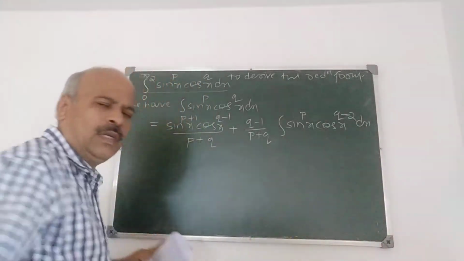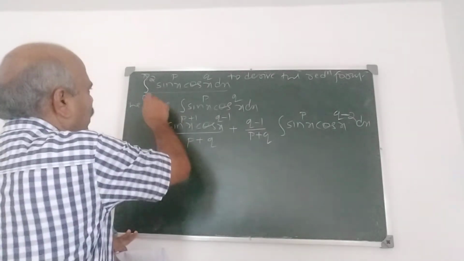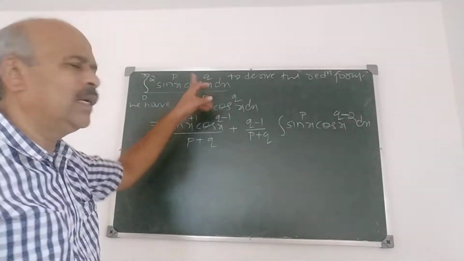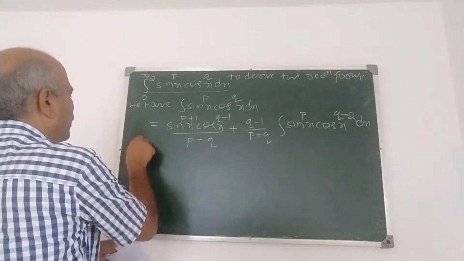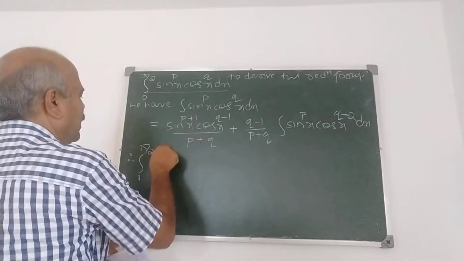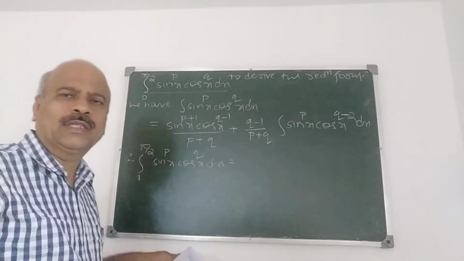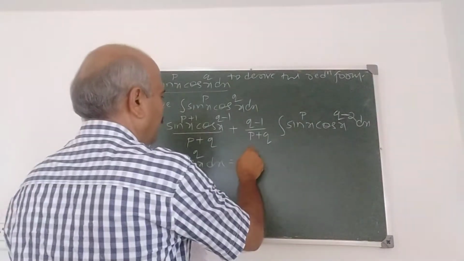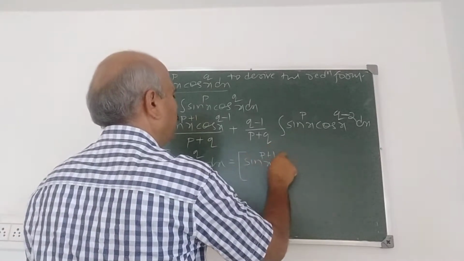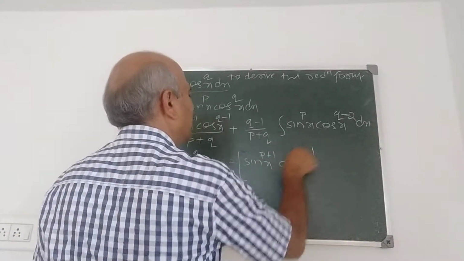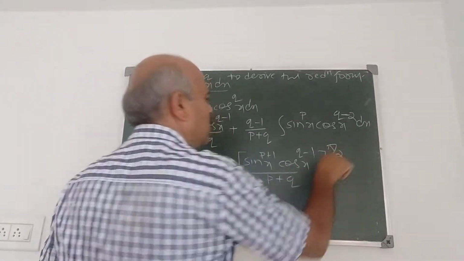Therefore the topic is to find integral 0 to pi by 2 sin x raised to p cos x raised to q. Therefore, integral 0 to pi by 2 sin x raised to p cos x raised to q with respect to x is, you know what a definite integral is, sin x raised to p plus 1 cos x raised to q minus 1 upon p plus q from 0 to pi by 2.